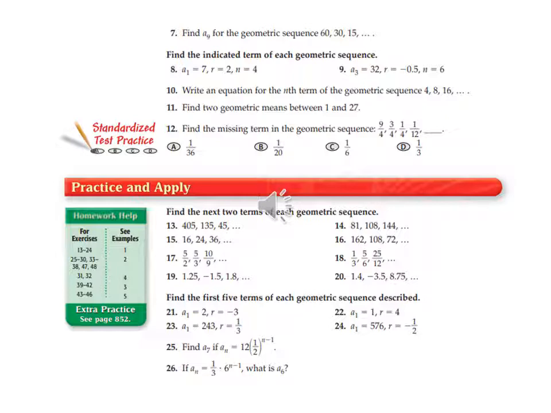I want every student to solve this exercise, this practice, to check the understanding about the geometric sequence, the geometric series, the mean of a geometric sequence, the common ratio r, and the nth term of a geometric sequence and geometric series. I want every student to solve and understand very closely to check your understanding of this important topic in our course Advanced Mathematics.